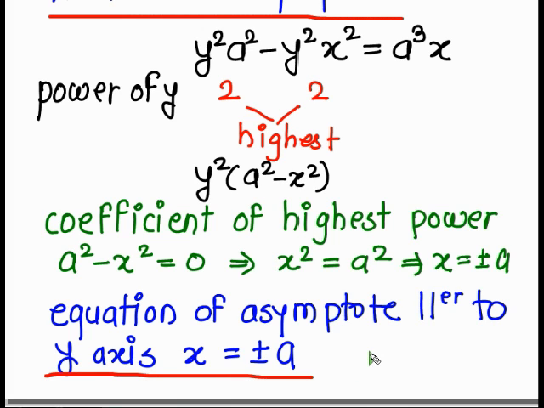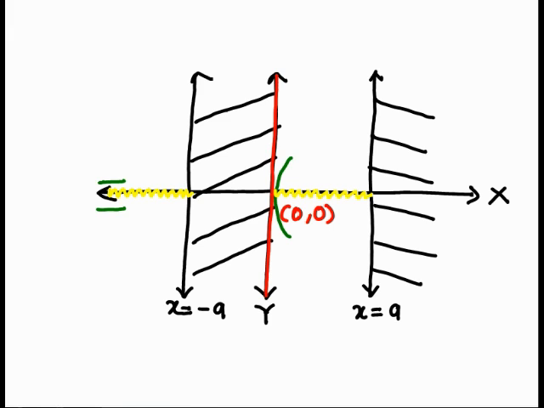So these are the two asymptotes, and the behavior of the curve at the asymptote is like this, but we cannot consider the behavior on the right hand side, that is in the region of absence.